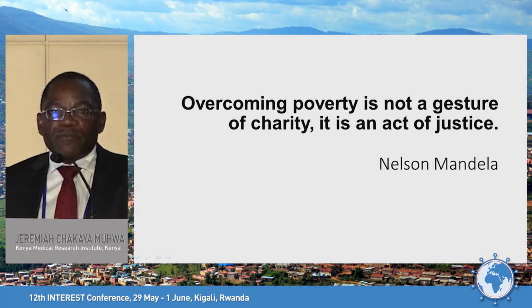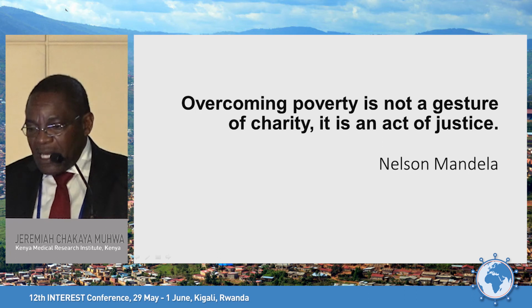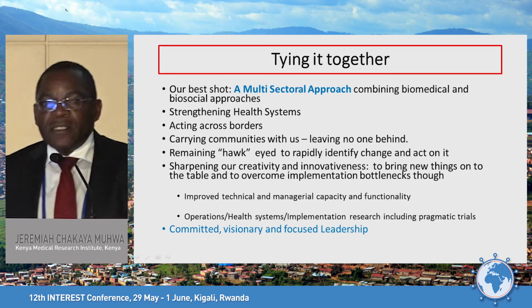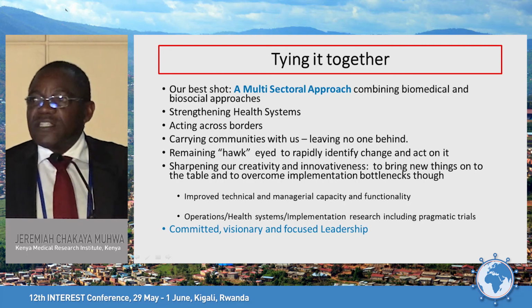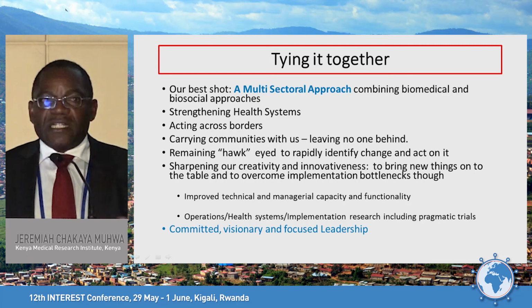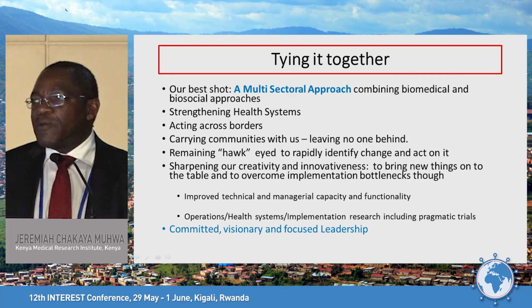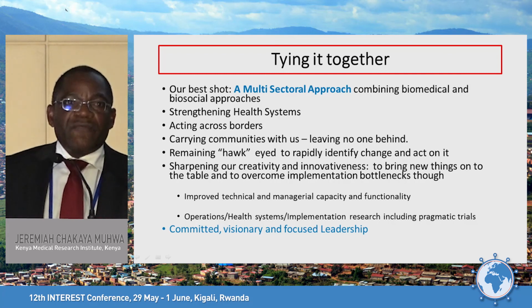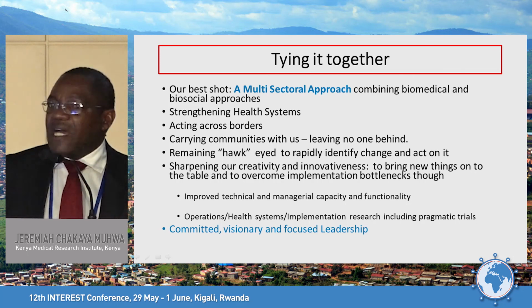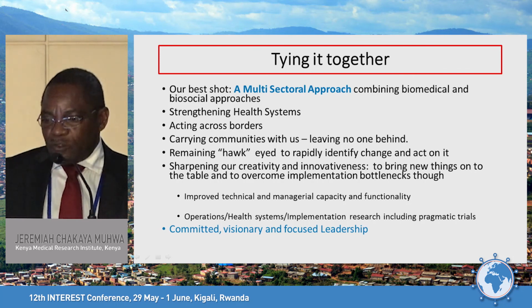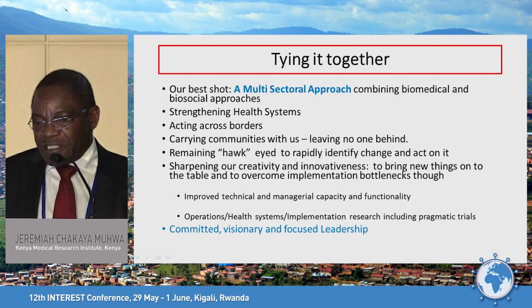Poverty reduction is probably the major issue that is going to do the job for us as TB people. So to conclude, if poverty reduction and all these other things are important, it means a biomedical approach is not the only way forward, and we need to involve many other partners and many other actors to confront tuberculosis and bring it to its knees.